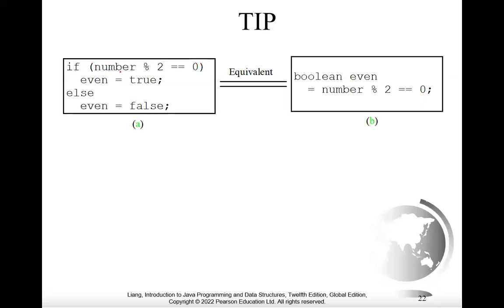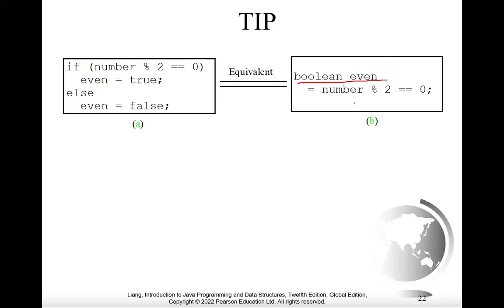All right. If number mod 2 is equal to 0, then even is equal to true. Else, even is equal to false. So you can do this, but it's better to do it this way. Why? Because Boolean variables, by definition, their automatic value is false if you don't put true in it.